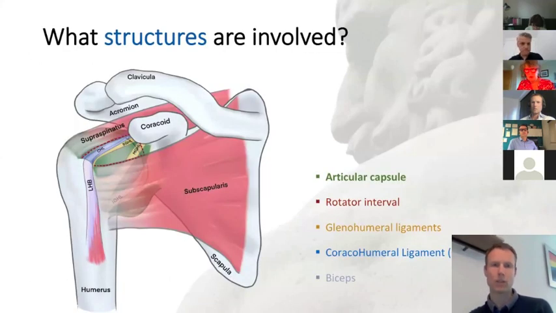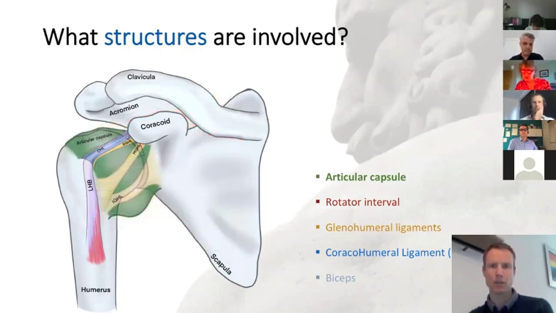This is a schematic drawing of the structures involved in the frozen shoulder. I can remove the rotator cuff, and then the articular capsule in green is exposed with the glenohumeral ligaments. And in blue, you can see the coracohumeral ligament, the CHL. This is found to be an important structure in frozen shoulders. Already back in 1989, it was found that surgical release of the CHL was a successful treatment of frozen shoulders.